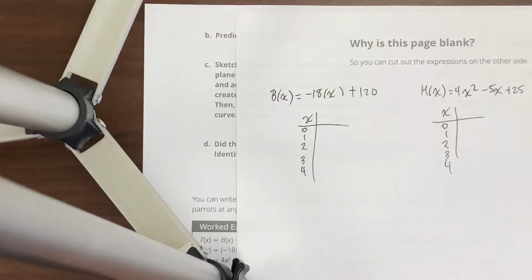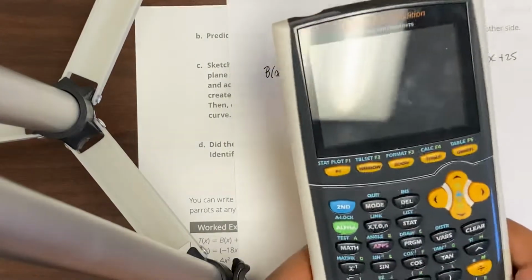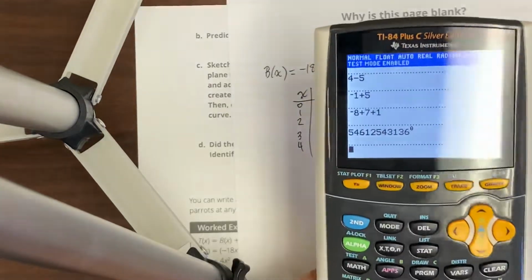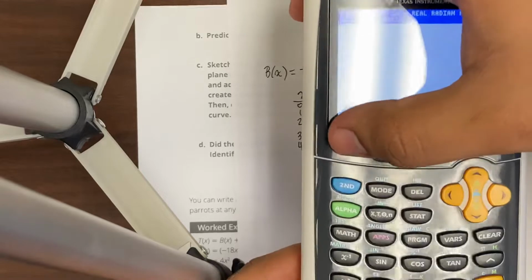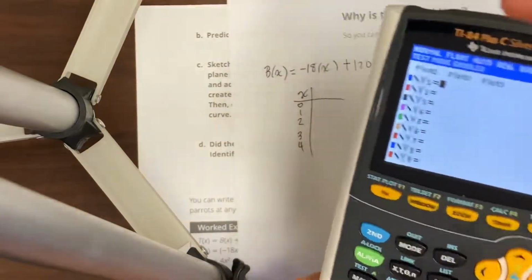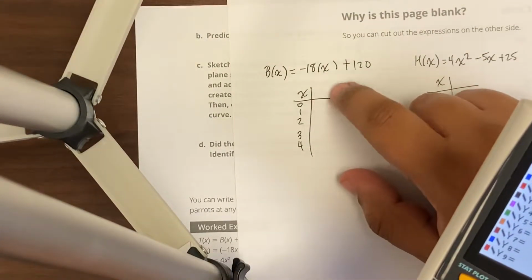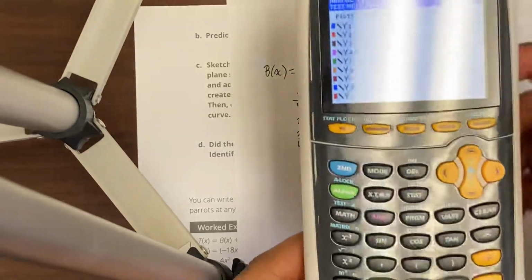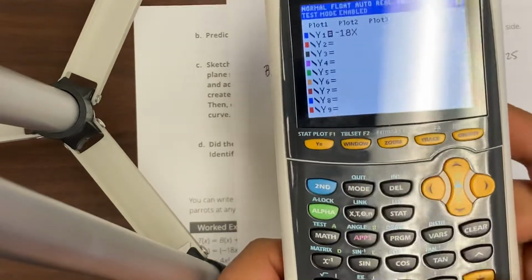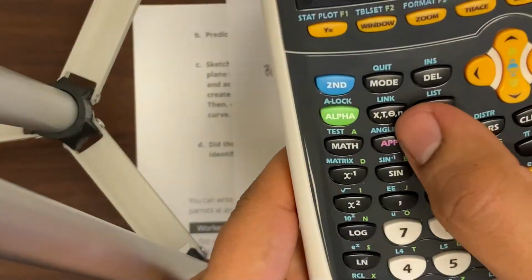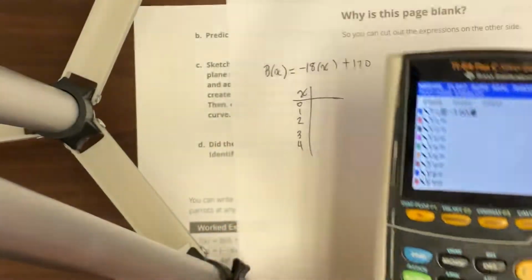I'm gonna show you how to make a table real quick on your calculator. Take it out. Click y equals here on the top. First tab, I'm gonna type this in. Don't use parentheses. Negative 18x. If you don't know where x is, there's an x button right here.